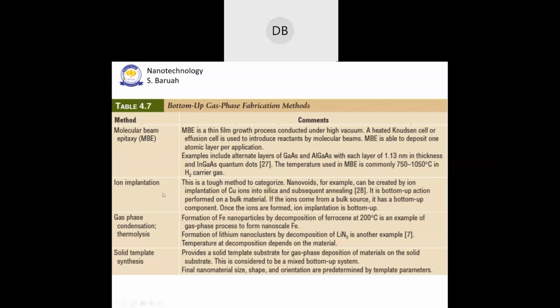Ion implantation is another process of doing it. Now, what is an ion? An ion basically means a charged atom. An atom is always neutral, you know that. That means the number of positive charges at the nucleus is compensated by the number of negative charges on the electrons moving around the nucleus. You know the structure of an atom.